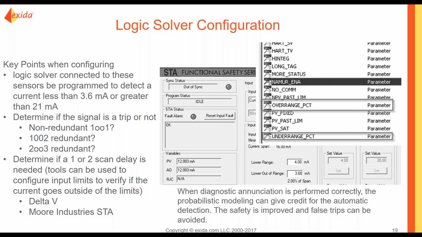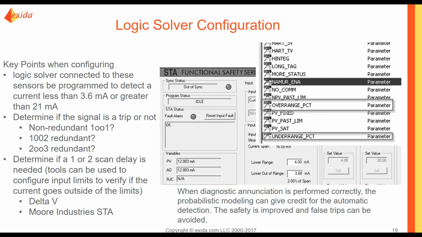On your screen, you're looking at input channel parameters that can be set in the Emerson DeltaV SIS with electronic marshalling safety PLC to enable the NAMUR failure detection. The overrange and underrange can also be used if values other than NAMUR are needed. Another approach is used in the Moore Industries STA.